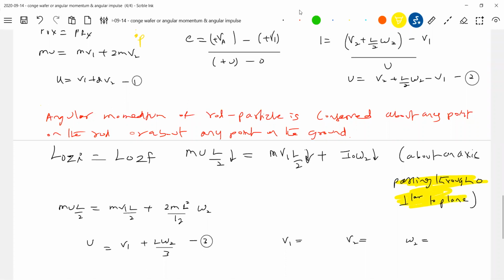Give the values, this is very important. Anybody answer?